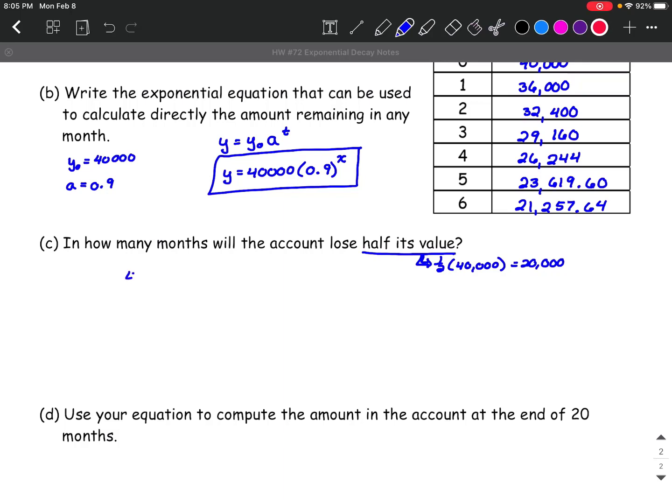Well, we have our equation 40,000 times 0.9 raised to the x, and we want that to be equal to 20,000. So whenever we have something like this, we're going to put one side of the equation in f1 of x, and we're going to put the other side of the equation in f2 of x, and we're going to find the point of intersection. Okay, so let's take a moment and find that point of intersection in our calculator.